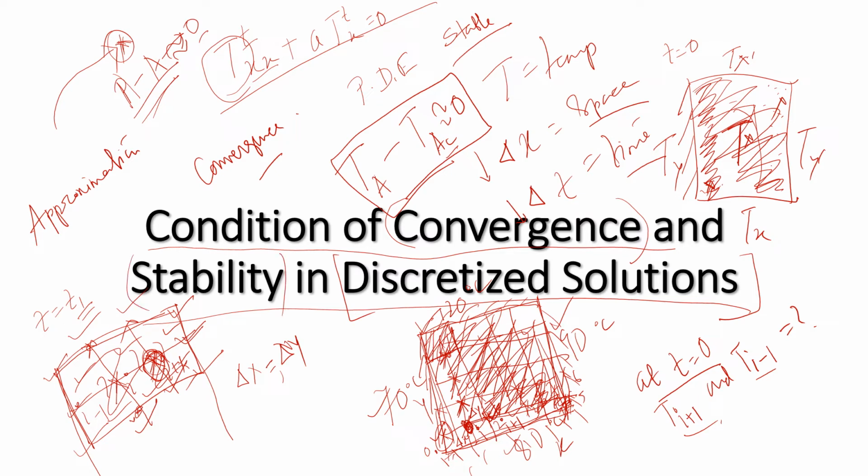So today we will discuss how to find the convergent and stable solution of the partial differential equation with the help of the discretized solution. And always keep in mind that discretized solutions are all approximations. Only the solution to the ordinary differential equation will give you the actual solution.